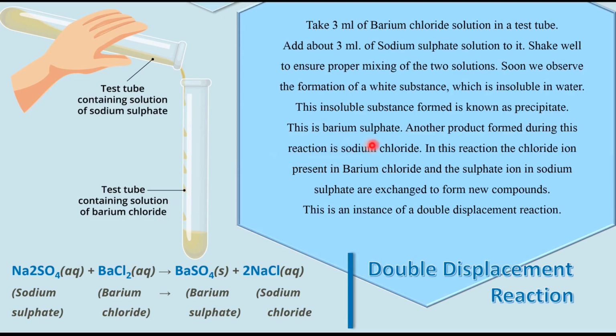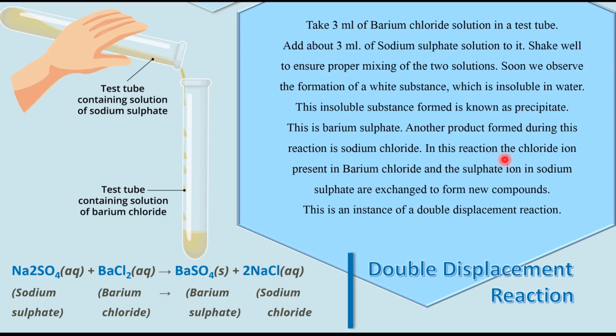In this reaction, barium sulfate acts as the precipitate. The white precipitate which is formed in this reaction is known as barium sulfate. And another product formed during this reaction is sodium chloride. Mainly two products are formed: one is barium sulfate and the other is sodium chloride.